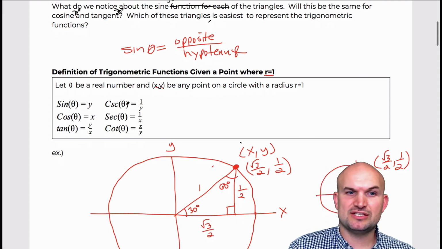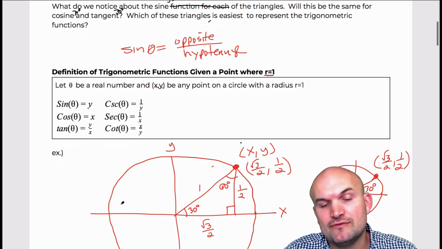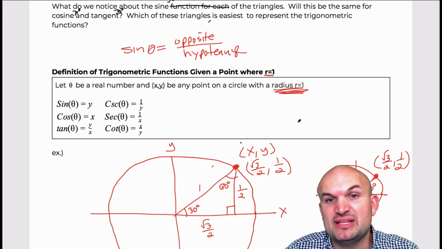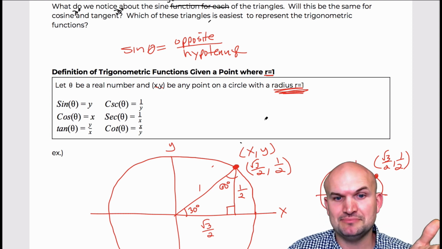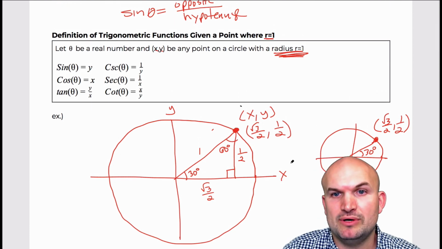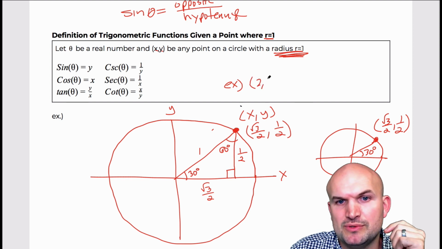So what this does is this relates to the coordinate point for a circle when the radius is 1. But again, it's very, very important to remember that the radius has to be 1, because remember last time we worked on finding some points where the radius was not 1, like a given coordinate point, you remember we talked about 2, 3.